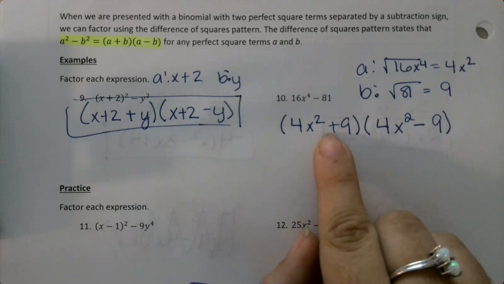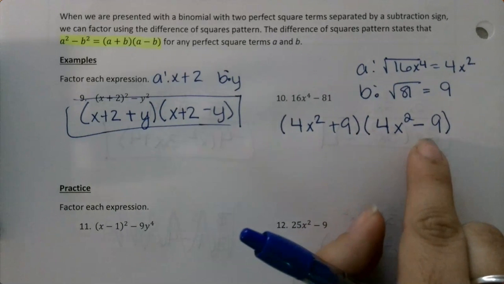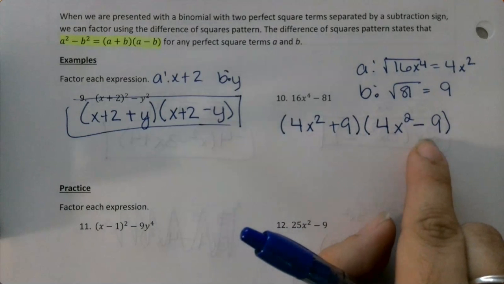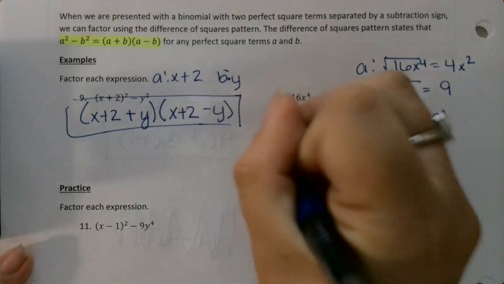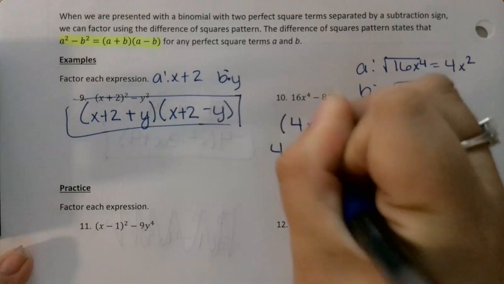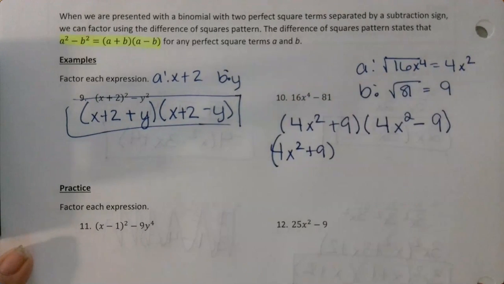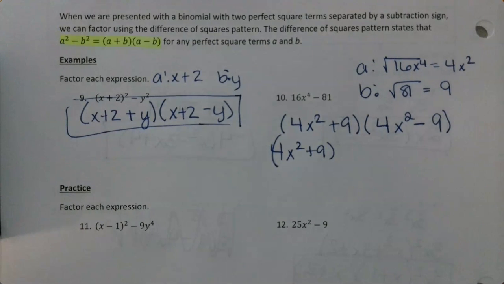If this one is separated by a minus sign, and 4 and 9 are both perfect squares, I'm going to leave the first one alone. Because there's nothing that's going to multiply that'll cancel out when you have positives. But when you have a negative, you have one positive and one negative, and they cancel out. So on my second one, what is my A and B value?